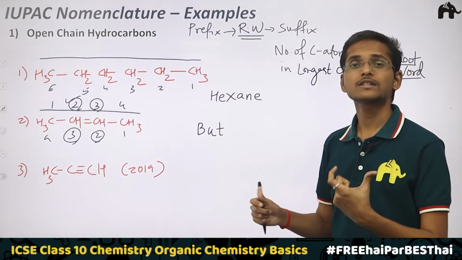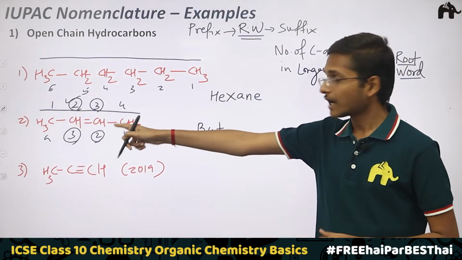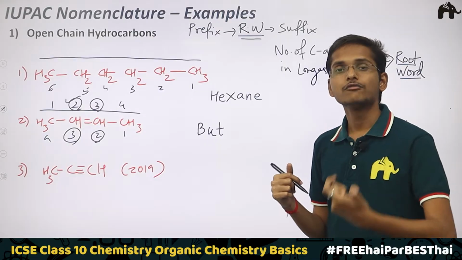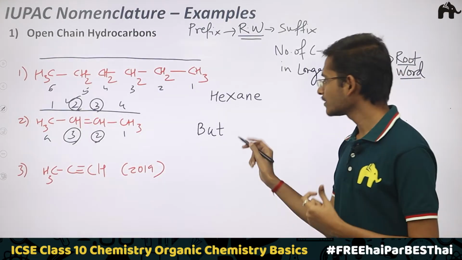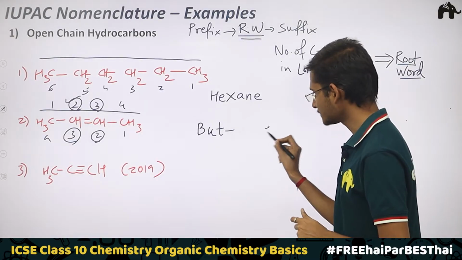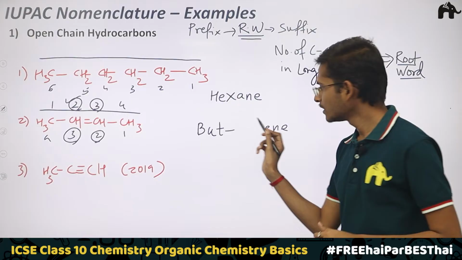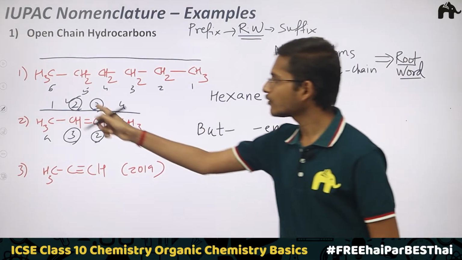So for alkene, what is the suffix? It is ene, correct? But again, we need to denote the position of the double bond. So after this root word, and before writing the suffix ene, we denote the position of the double bond, and we have already found it.